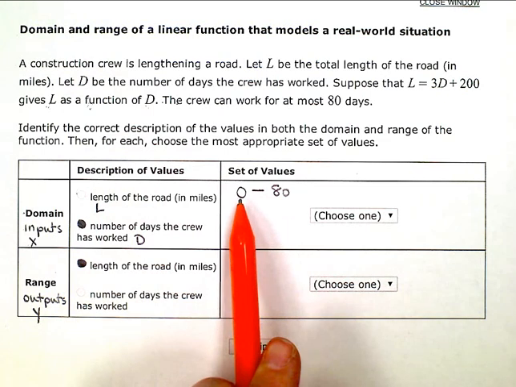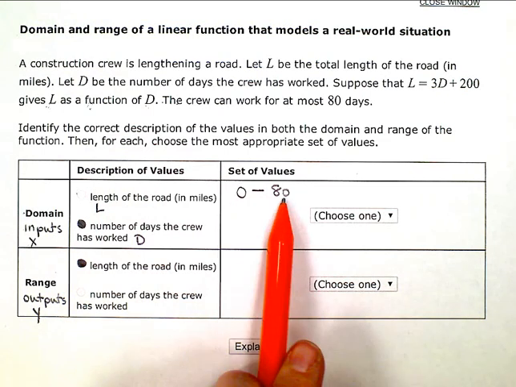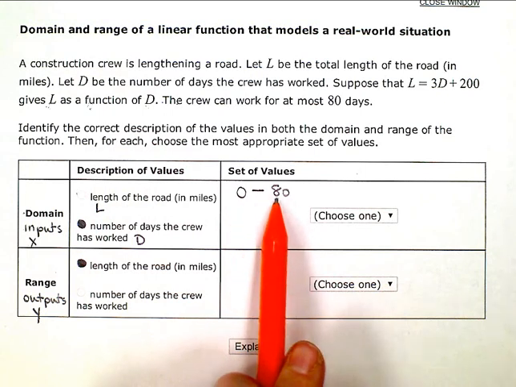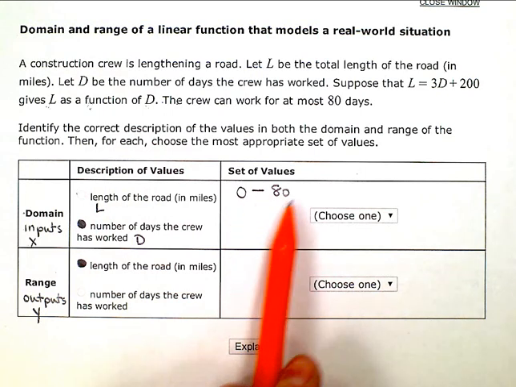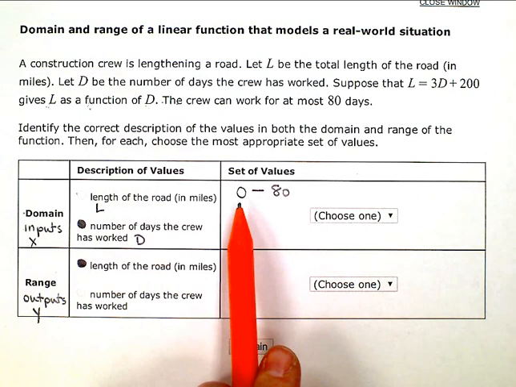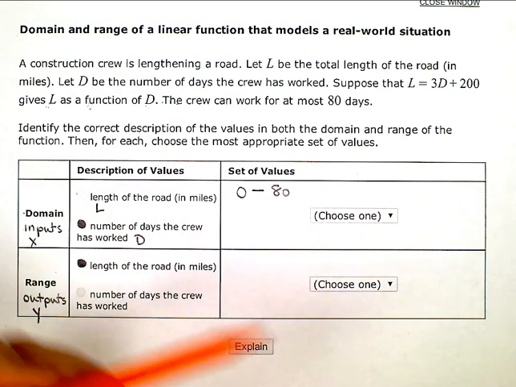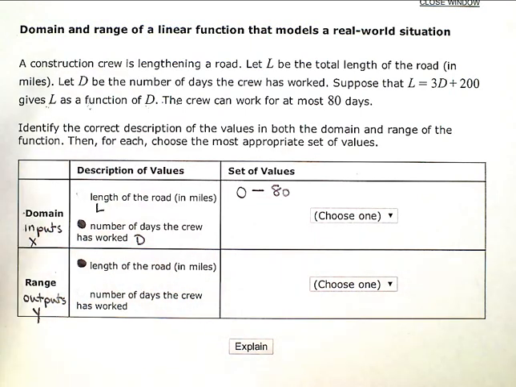So I don't have just whole numbers here: 0, 1 day, 2 days, 3 days, 4 days. I can also consider partial days. So after they've worked, let's say, 15.8 days, how long is the road? Because the road is continually growing and getting longer the longer they work.